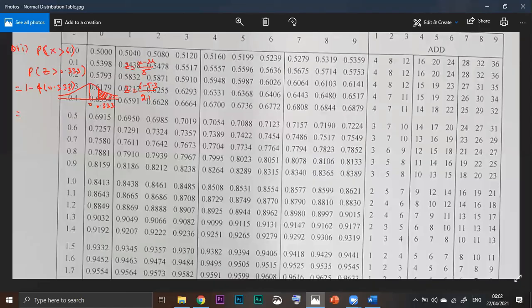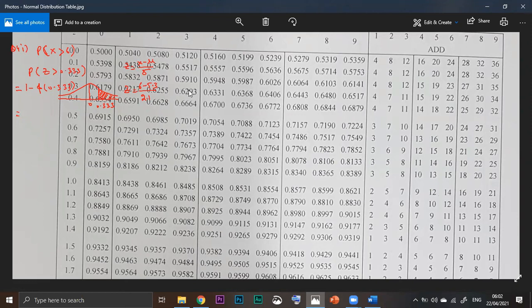Under 0.33 and column 3 we have 0.6293, and again under 3 we have 11, so this will be 0.6304. Mila, any confusion?